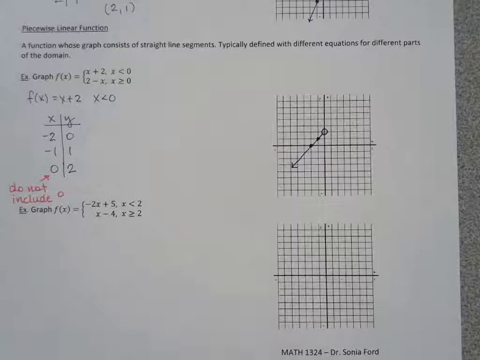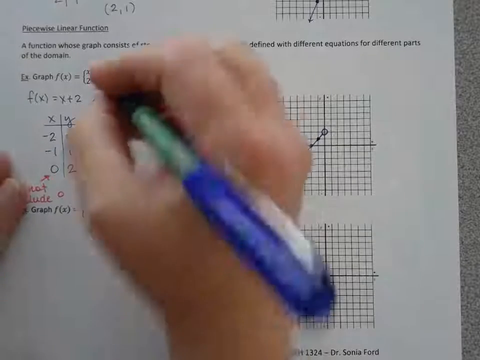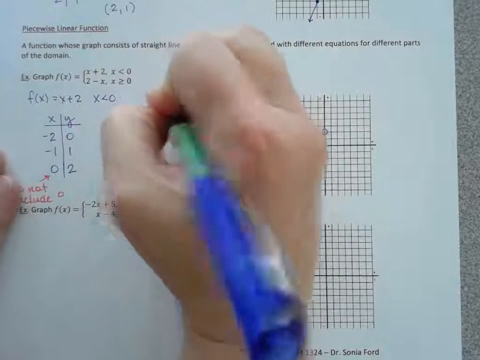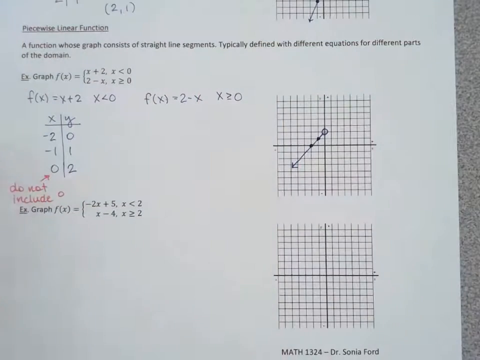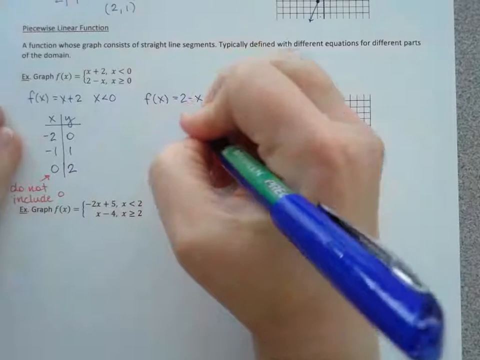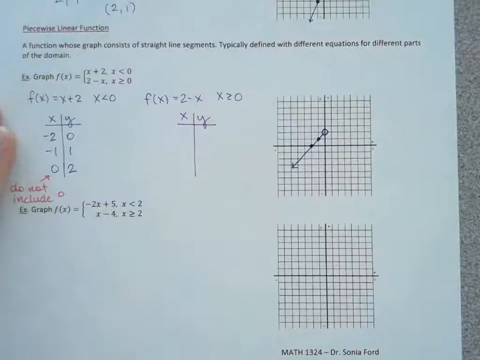Okay, now we look at the second piece of the graph, which is our function 2 minus x, where x is greater than or equal to 0. So now we're looking at ordered pairs. What is my starting point for this ordered pair? 0, right?